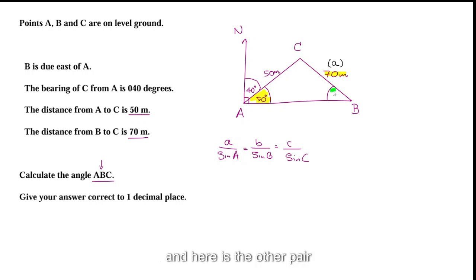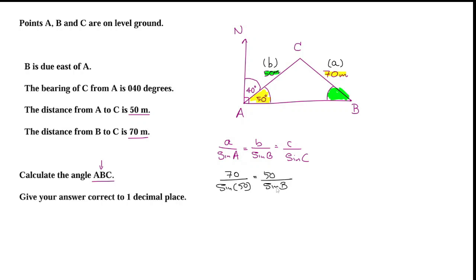And here's the other pair. This is my B, and this is lowercase b, the length. So obviously, I have to use the first two. So a, which is 70, over sine 50 is equal to b, which is 50, over sine B, which is what I need to find.